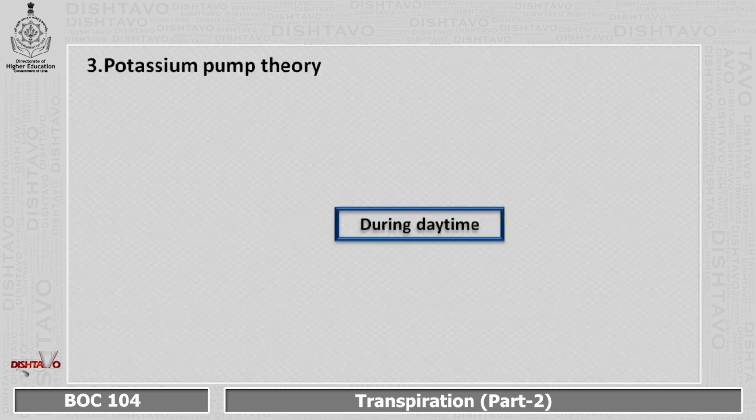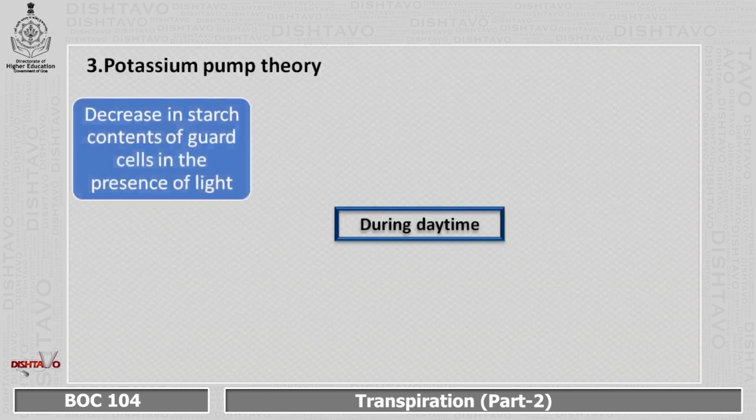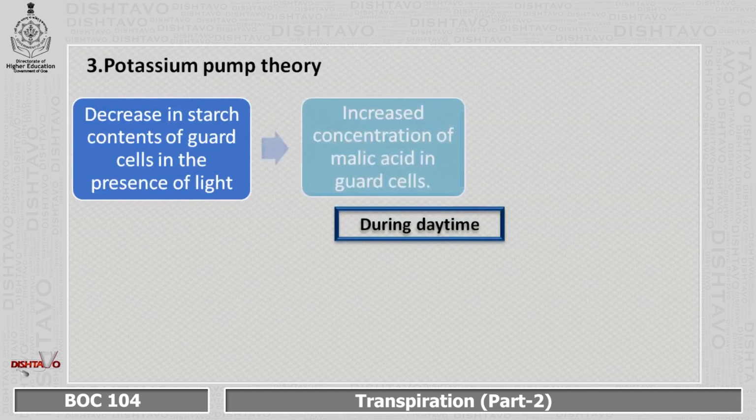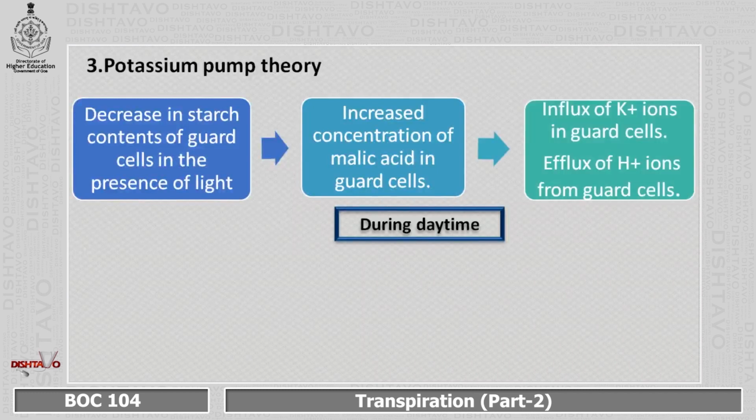The third theory is the potassium pump theory. During the daytime, starch is converted into malic acid in the guard cells of the stomata. This decreases the starch contents of the guard cells in the presence of light. It also leads to the increased concentration of malic acid in the guard cells. With the production of hydrogen ions, there is influx of potassium ions in the guard cells in exchange of the hydrogen ions thus formed.